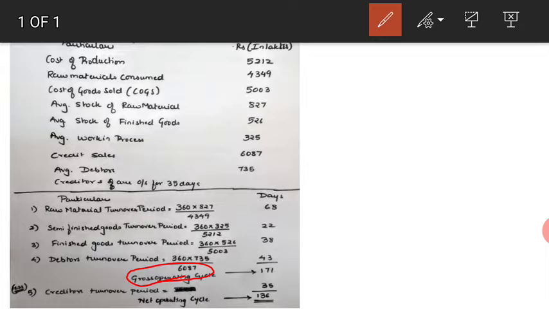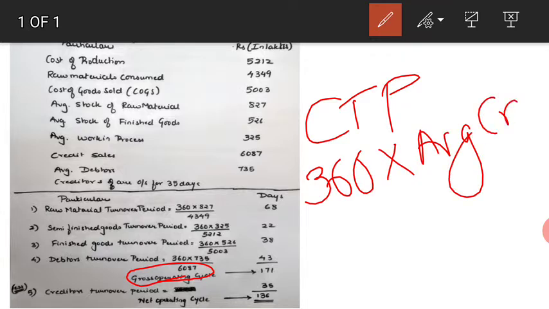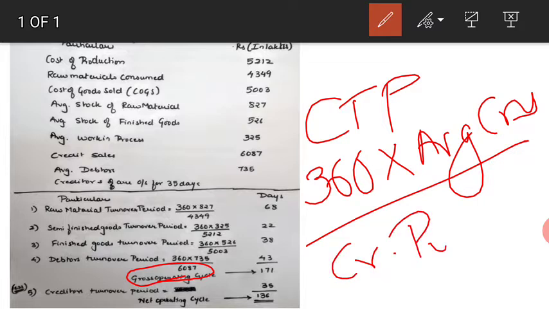Now from the gross operating cycle, if we deduct the creditors turnover period, we get the net operating cycle or cash cycle, correct? So next thing that we need to calculate is the creditors turnover period. If you look at the formula for creditors turnover period is 360 into average creditors divided by credit purchase.